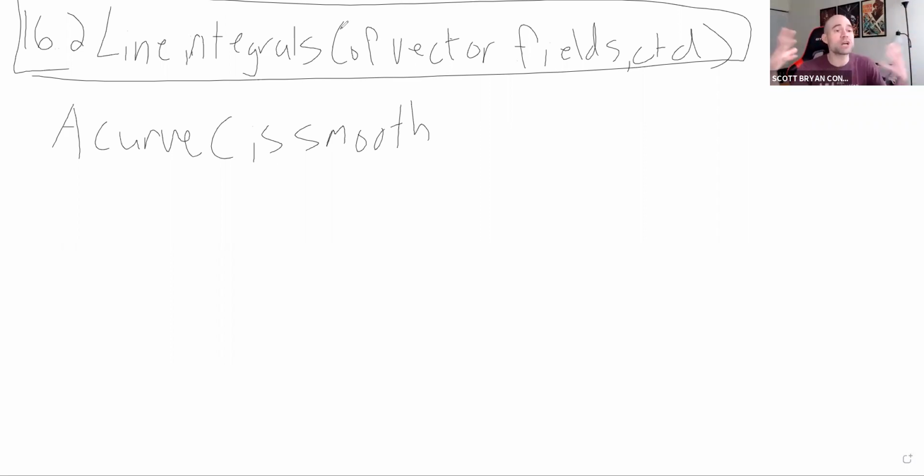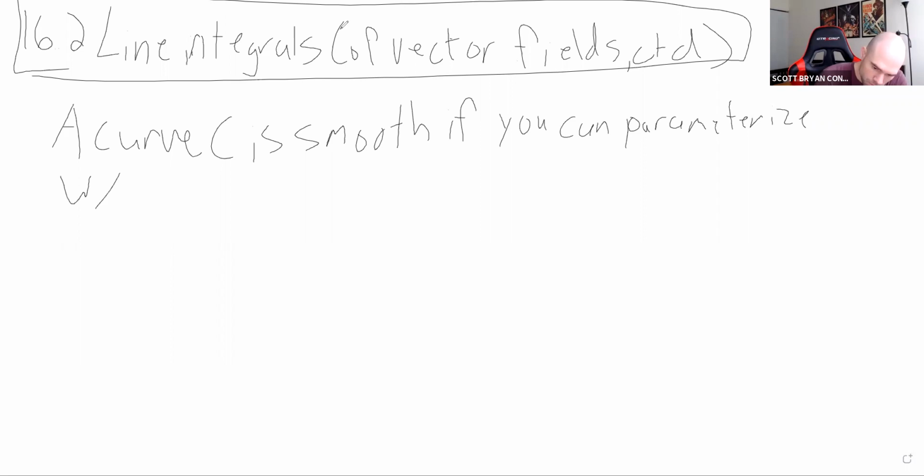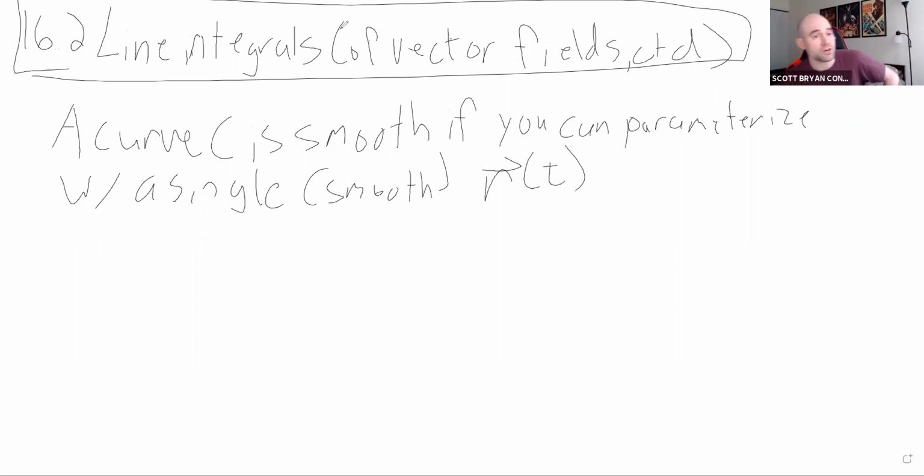If you can do a single parameterization to express the entire curve. So if you can parameterize it with a single smooth vector function r of t.